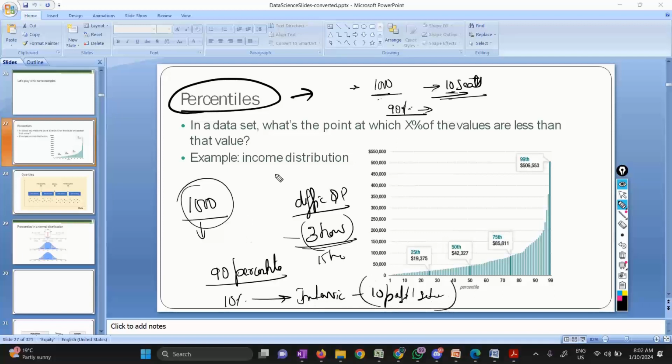This is a competitive exam setup. So when I say 90th percentile, what does it mean? It means 90% of the values are less than that value.